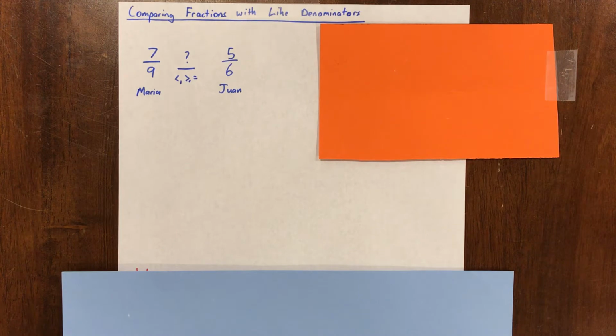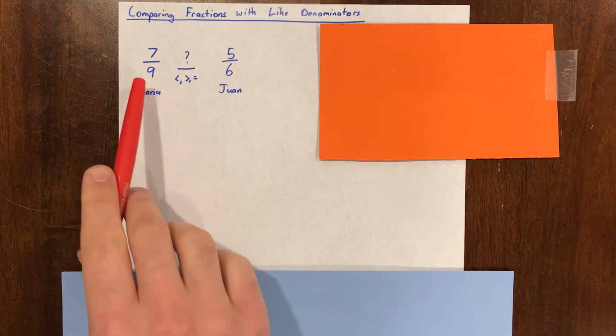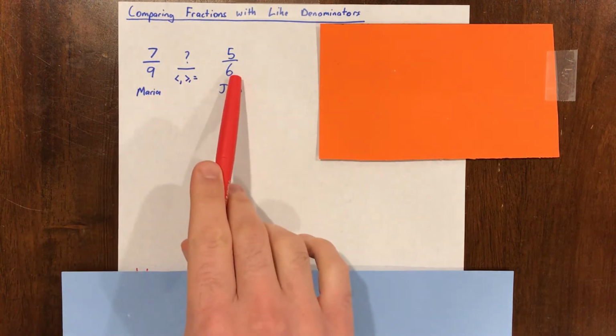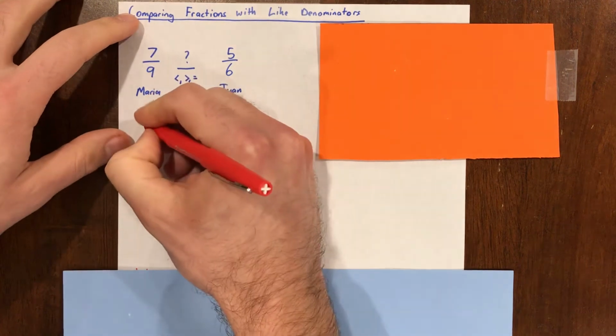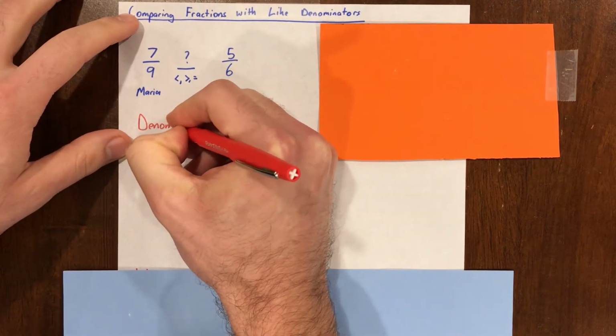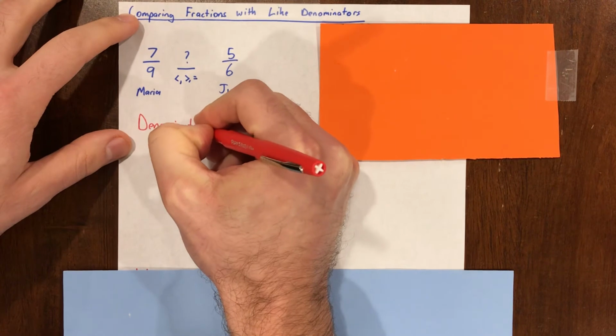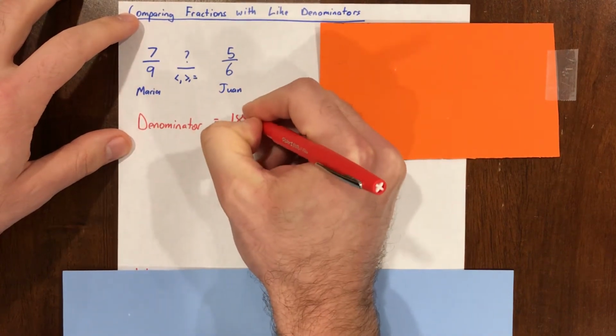So how could we rename 7/9 and 5/6 so that they had a common denominator? Say it out loud. Right, we could rename them so that they both have a denominator of 18.